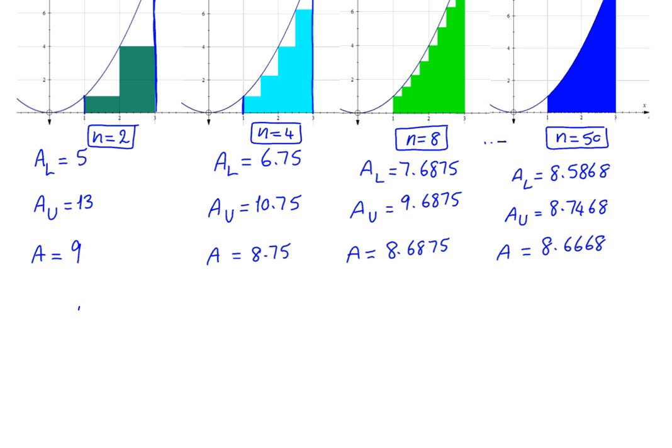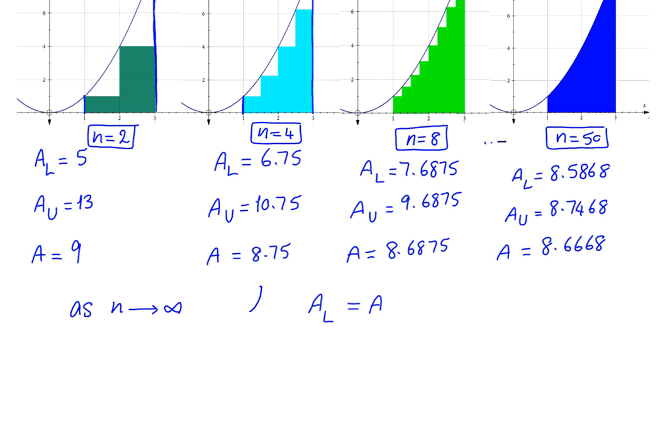We say as n tends to infinity, where n here is the number of rectangles, as the number of rectangles under the curve increase to infinity, the area of the lower rectangles tends to be equal to the actual area. But this is not how we write it.